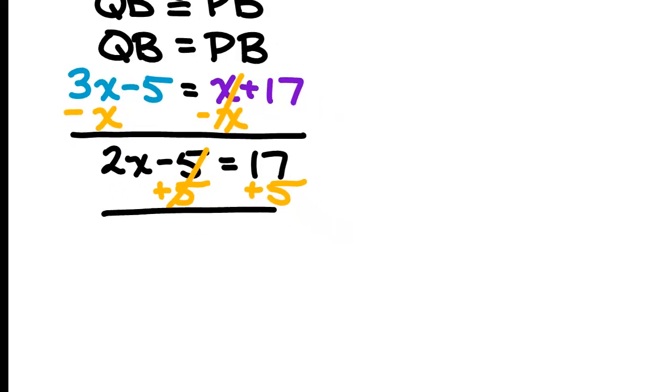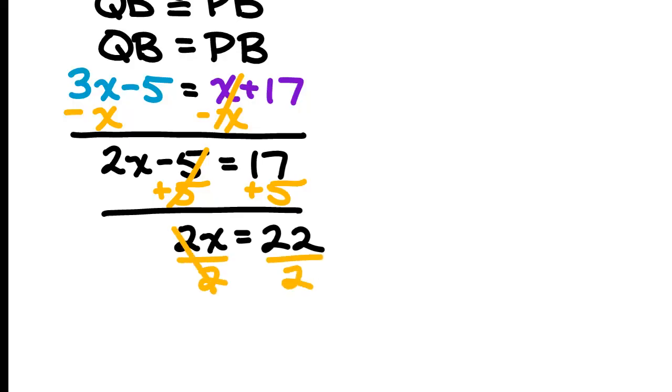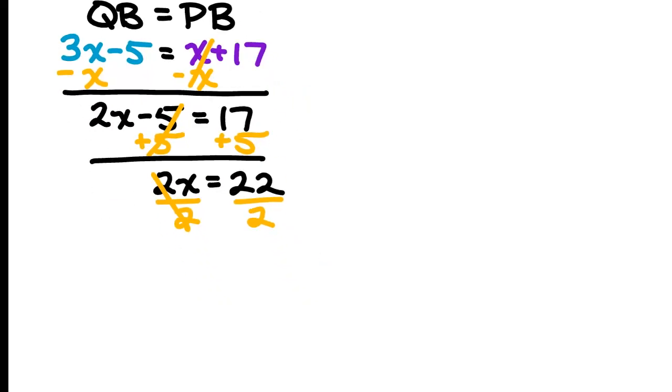What is 17 plus 5? 22. Then we divide both sides by 2. How big is x?